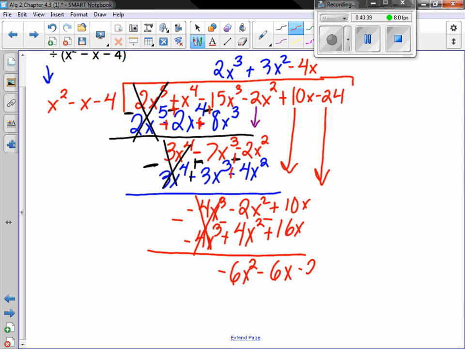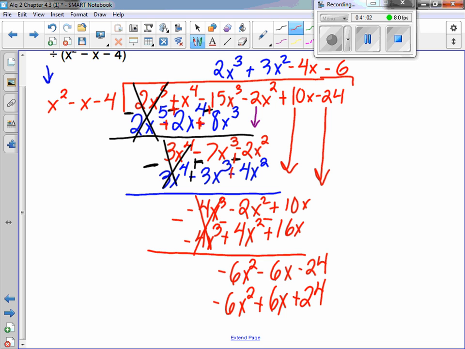Bring down the negative 24. Well, this here would be negative 6. This here would be negative 6x squared, because negative 6 times x squared would be negative 6x squared, yes? Negative 6 times negative x is plus 6x. And so here, negative 6 times negative 24 would be plus 24.